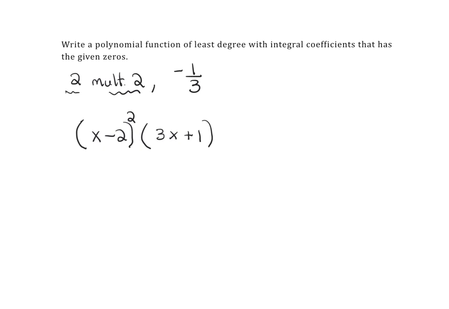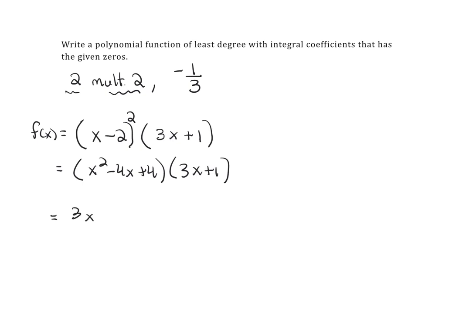So we're going to turn this into a polynomial. Let's say f of x equals this, and now let's expand it. This will go to x squared minus 4x plus 4, and then multiply by 3x plus 1. So I'm going to multiply 3x to the third minus 12x squared plus 12x, and multiply everything by 1 to get plus x squared minus 4x plus 4.